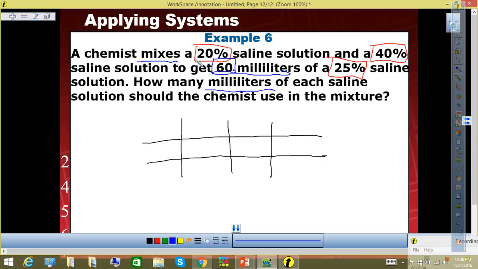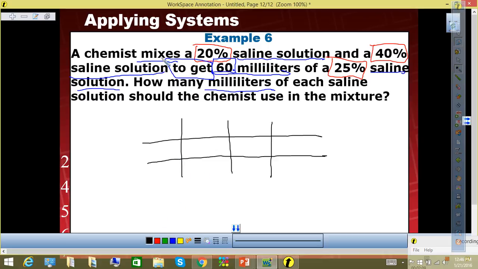So let's see. Mixes. So the mixes is 20% saline solution, 40% saline solution. To get, what does to get mean? Equal or total. 60 milliliters of 25% saline solution. So here we see 2 different things. The setup is similar to what we've done in the past, but let's identify the mixes.